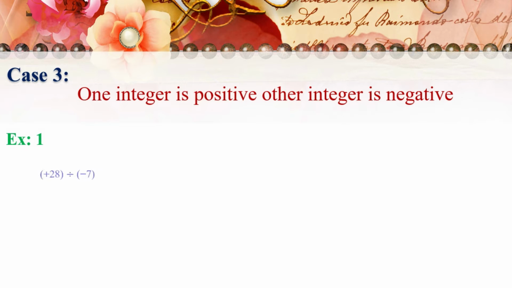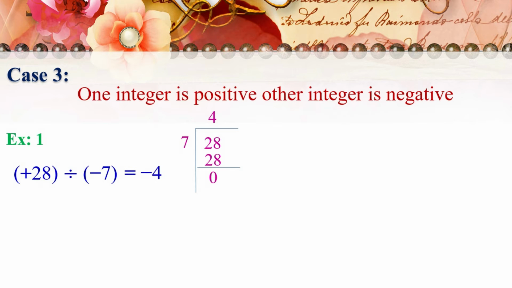Example 1: plus 28 divided by minus 7. Here 28 is the dividend, 7 is the divisor. Now we can divide. 4 sevens are 28. Now we subtract 28 minus 28, we get 0. The quotient is minus 4.